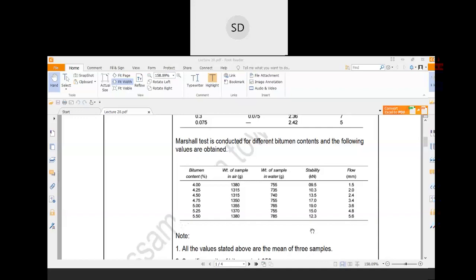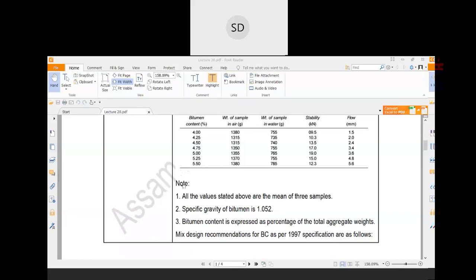So if you increase the bitumen content, instead of the aggregate carrying the load, the bitumen will carry the load in terms of hydrostatic pressure. For that reason, after a particular value of bitumen content, if you increase the bitumen percentage in the mix, it will adversely affect the stability value of the mix.